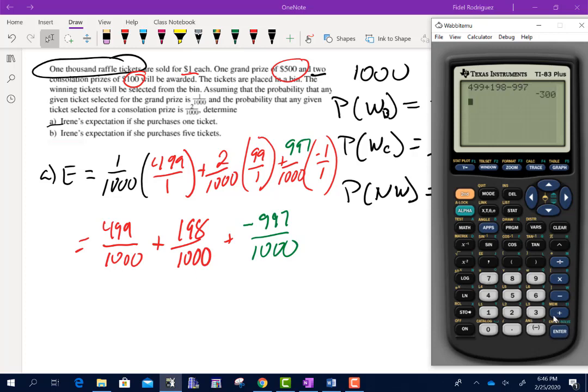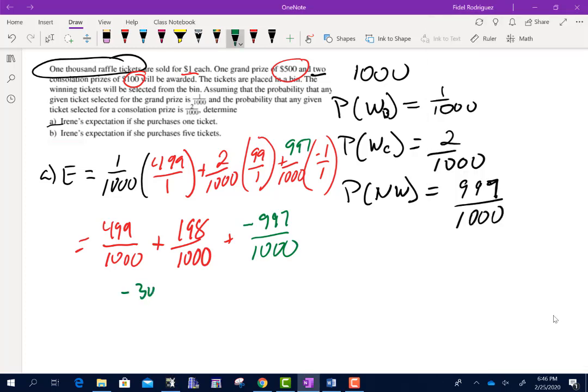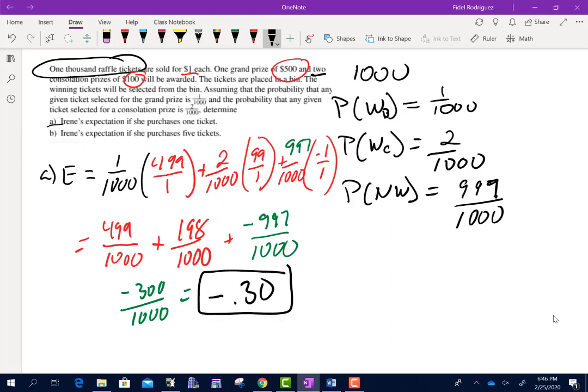So negative 300 over 1,000, which is equal to negative 0.30. So again, what does that mean? That means that on average, we're going to lose 30 cents for every one of those tickets that we get.